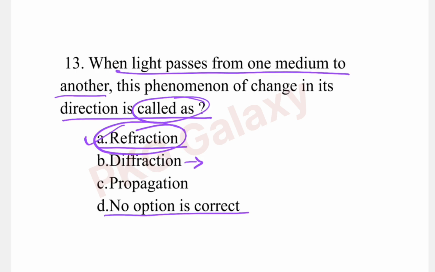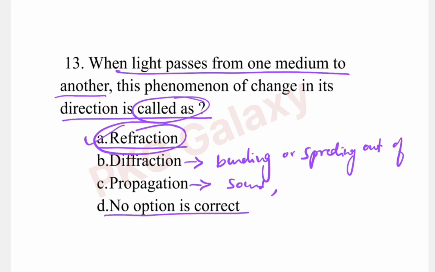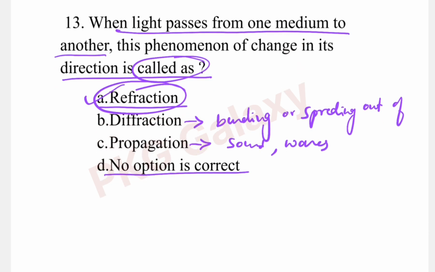Diffraction is the bending or spreading out of waves as they pass around an obstacle. Then propagation is the process of transmitting a disturbance such as sound or electromagnetic waves through a medium such as air or water. Okay, next question.